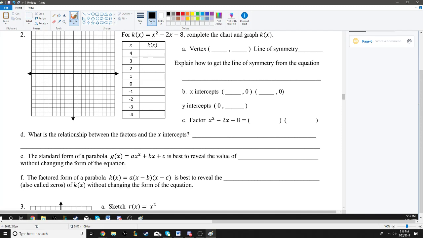When you plug x into here, actually, I'm going to factor it first. If I factor this first, then the front two need to multiply to be x squared, so that's x and x. Back two need to multiply to be -8, but add to -2. So I'm thinking -4, +2.